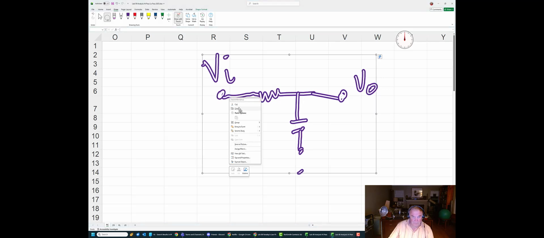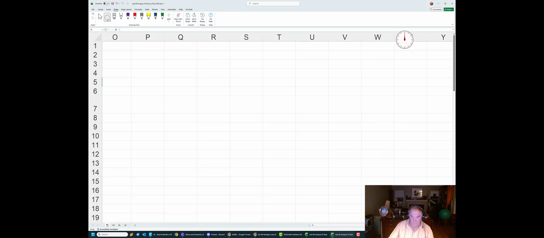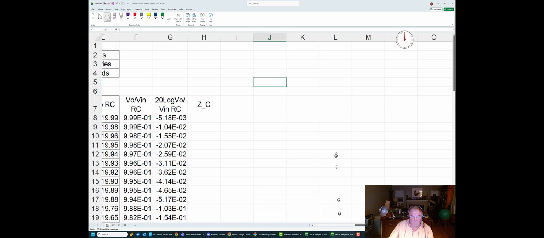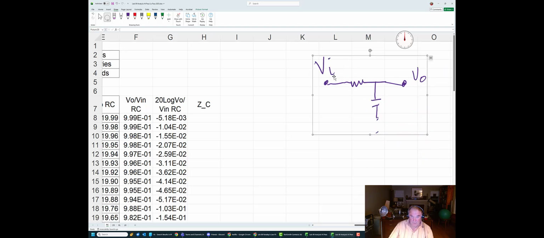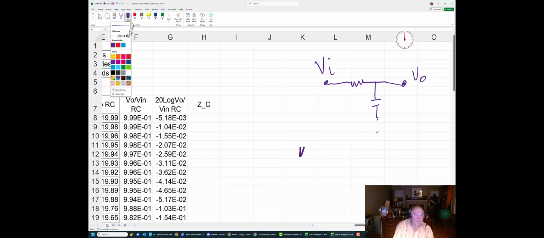Let's cut, and we can paste it as a picture. Make it a little smaller. Okay, so we've seen this 100,000 million times. Ooh, that's a little big. Let's see, there we go.